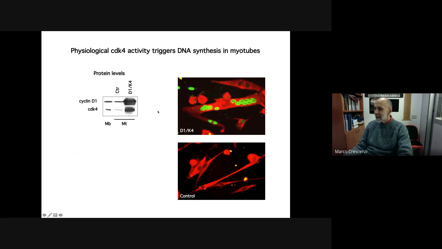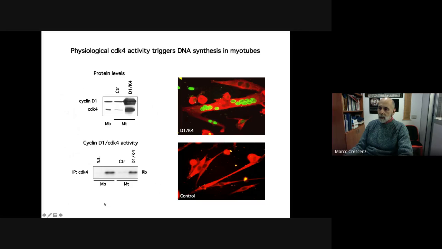What matters is the kinase activity, the enzymatic activity that is expressed by these proteins. So when we measured the kinase activity of these proteins in the myotubes, we found, to our surprise, that the amount of kinase activity in the overexpressing myotubes was equal to that found in spontaneously proliferating myoblasts.